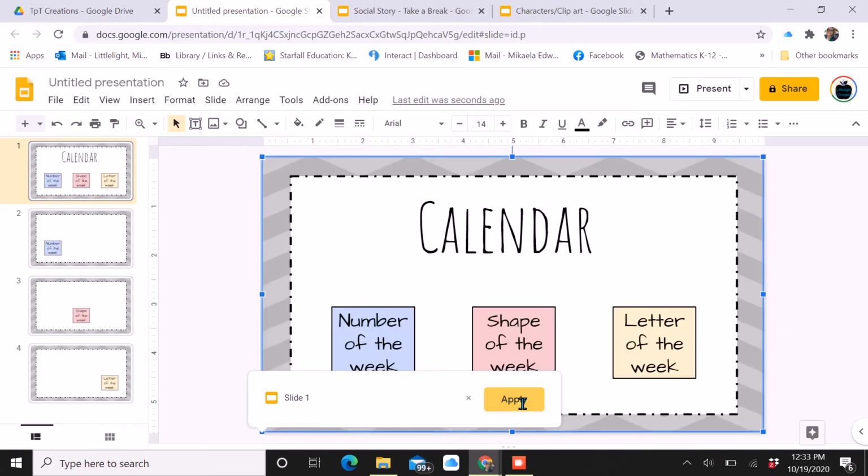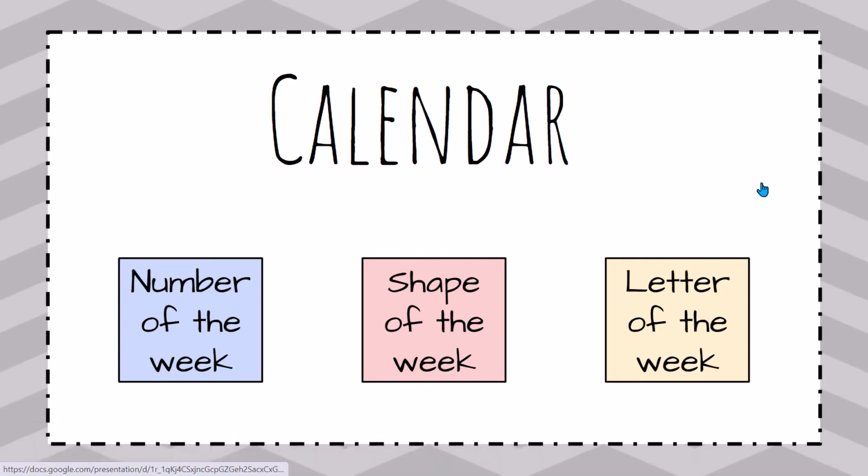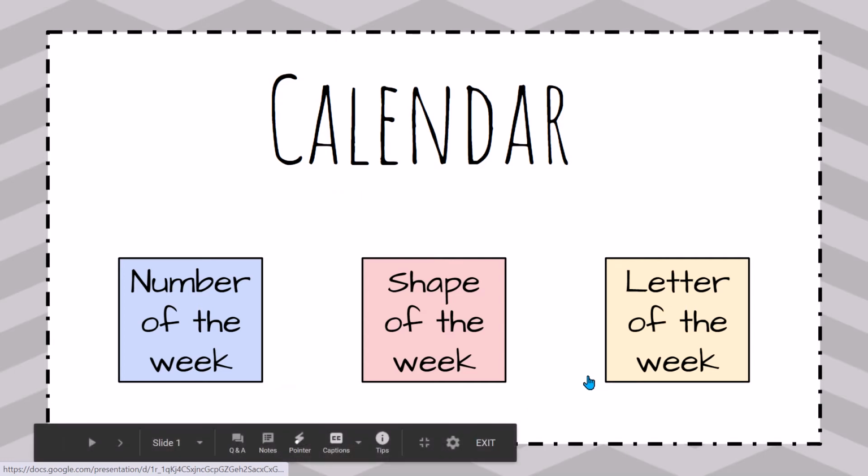Now, when I present it and I click on outside space, you will not move because we are linked to slide 1. But did you see how before, if I didn't link it, it automatically went to the next slide, and I do not want that. So any space right here, it'll stay on the same page.